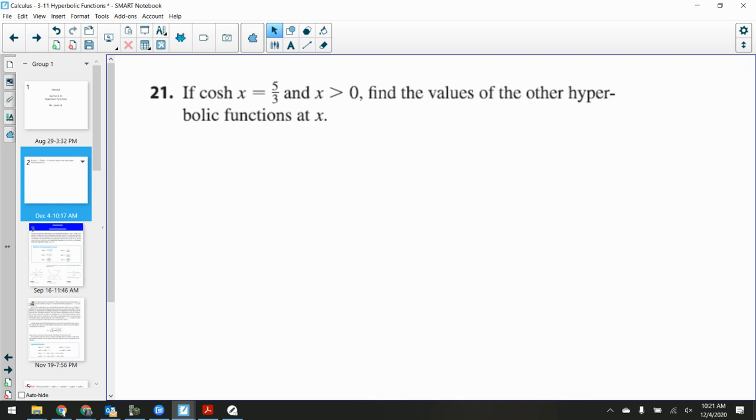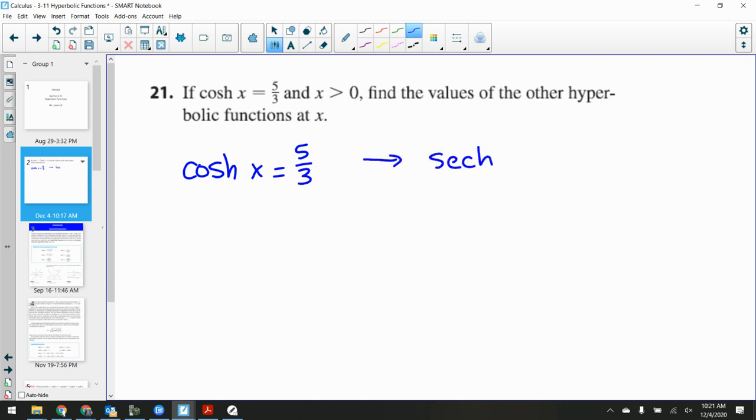Okay, so first thing I know is that cosine hyperbolic of x is 5/3. Well, that means that I could pretty easily find my secant. Hyperbolic secant of x is 3/5. We know that pretty easily.